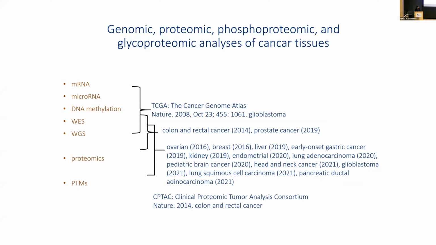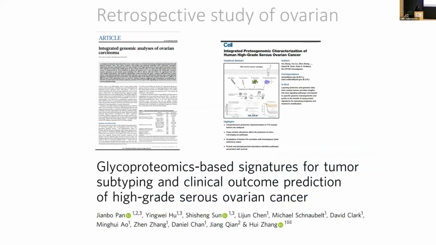the prospective collection by CPTAC. This is our initial involvement, the characterization of ovarian tumors, which were collected and characterized by genomic and transcriptomic characterizations by TCGA, published in 2011 in Nature.